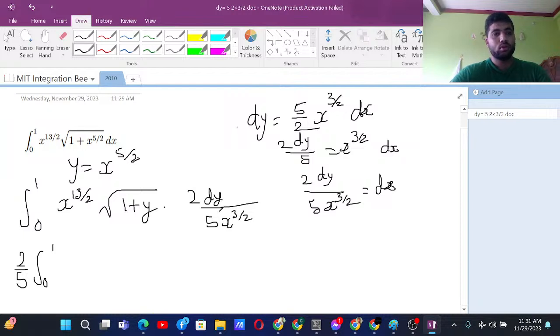So 5 by 2 was there, and dy equals 5 by 2 x to the power 3 by 2 dx, so 2 dy by 5 equals x to the power 3 by 2 dx. Now after that, this comes out to be x to the power 10 by 2, that's x to the power 5, and root under 1 plus y dy. So we have this expression.